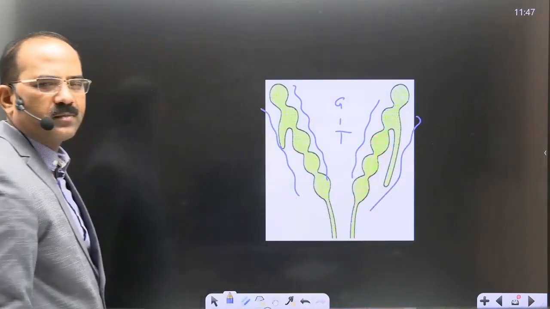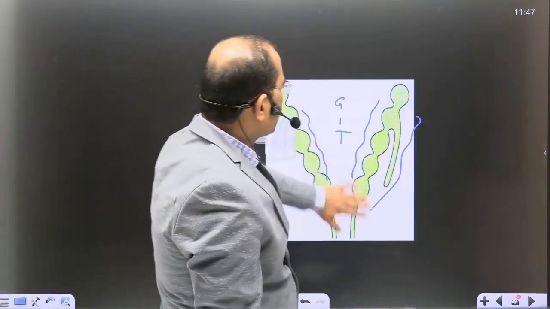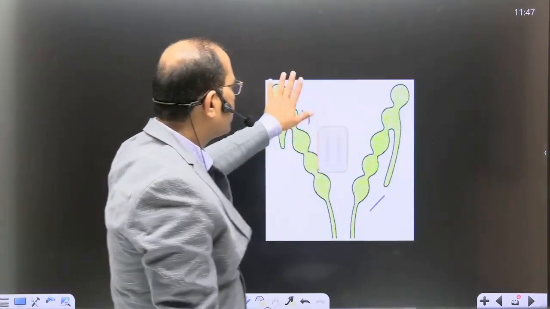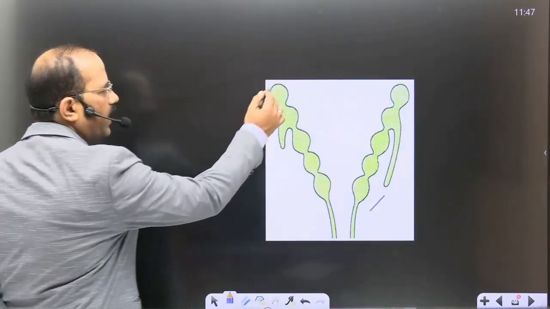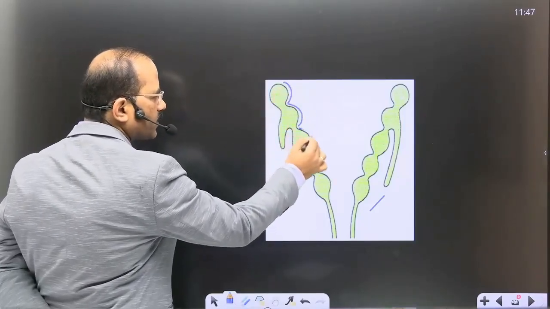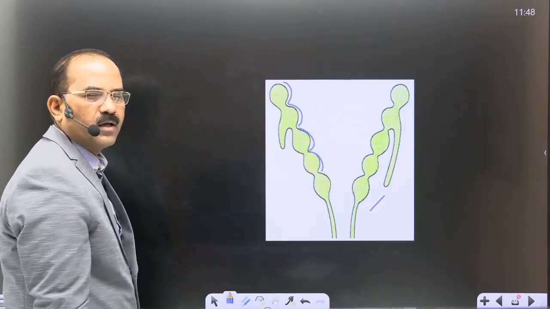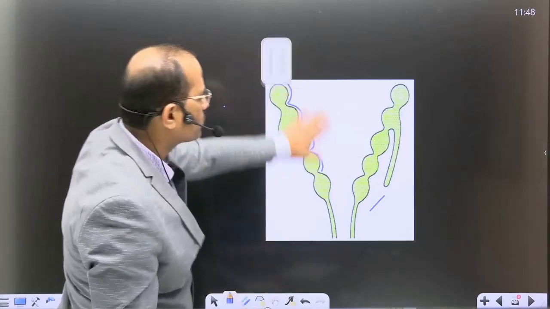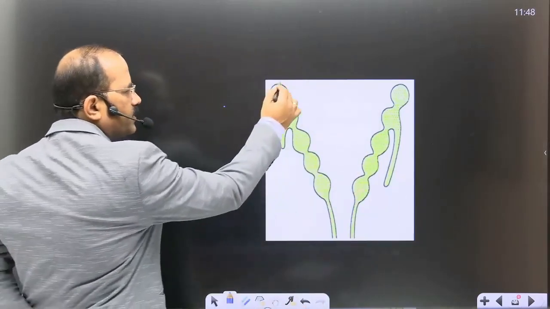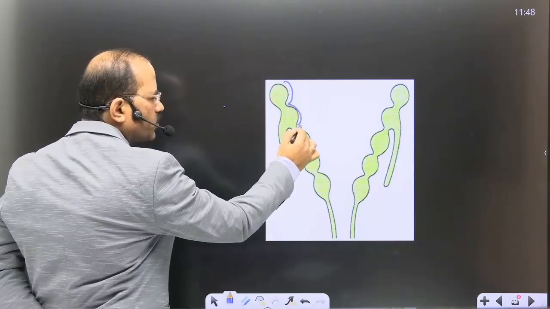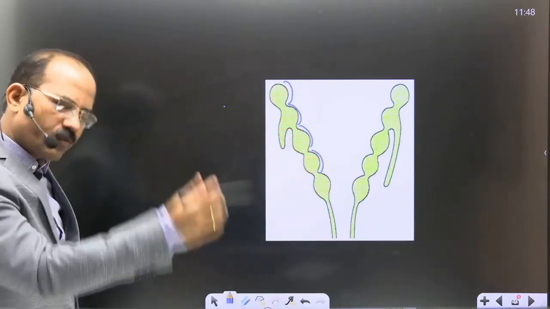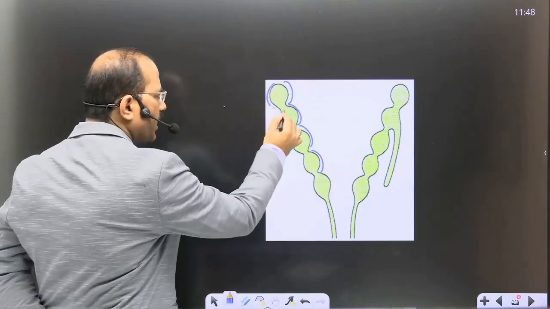Now what do we call this? Sorry, these are the endodermal pouches from inside, and from outside, these are the ectodermal clefts.